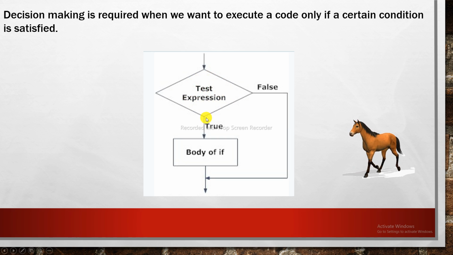If it is true, it will go into the body of the program. That means whatever conditions you have defined in the program, it will take in a sequence and then execute one by one. That's it. And if the condition is false, what will happen? It will definitely exit out of the loop. So that is so simple. I hope you understand, and I'll proceed with the second clip.